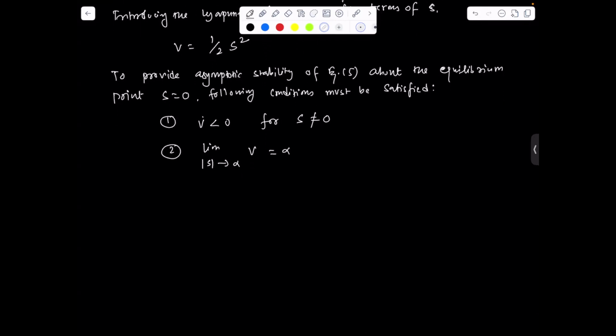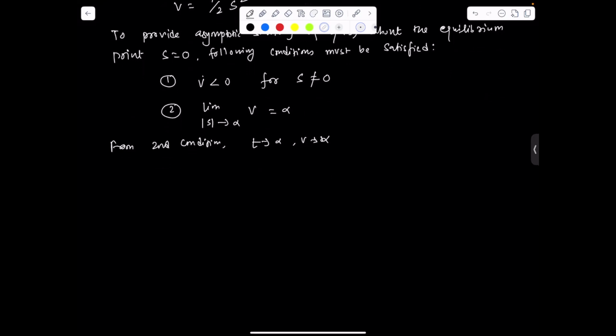From the second condition, it is clear that as s tends to infinity, V tends to infinity, right?